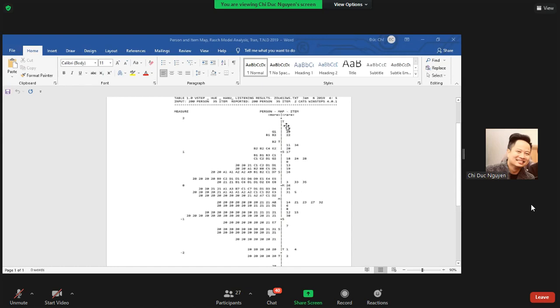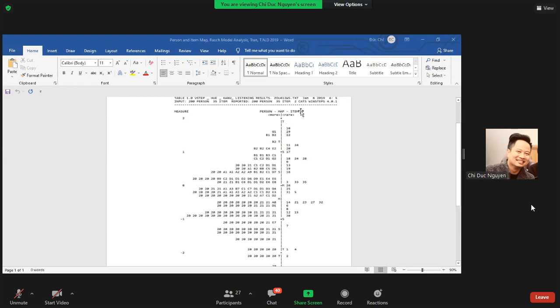For example, for item number 10, nobody is able to answer it correctly. For item number 29, only the student with the code G1 is able to answer it correctly. For item number 22, only 2 students out of 200 are able to answer it correctly.